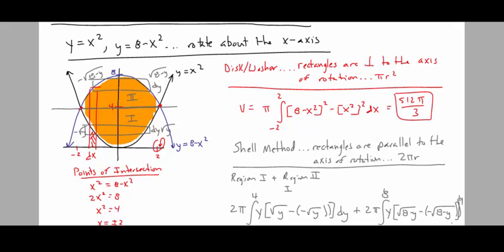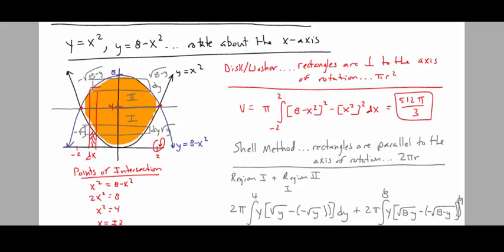Now, if you work through this, just as we worked through the other problem, there's a lot of simplification that can be done here. And again, this is my first region, 0 to 4. This would be y. Root y plus root y is 2 root y, so this would be 2y root y dy. That's one way that we could write this. Now if you want to pull the 2 pi in, this would be 4 pi y root y.